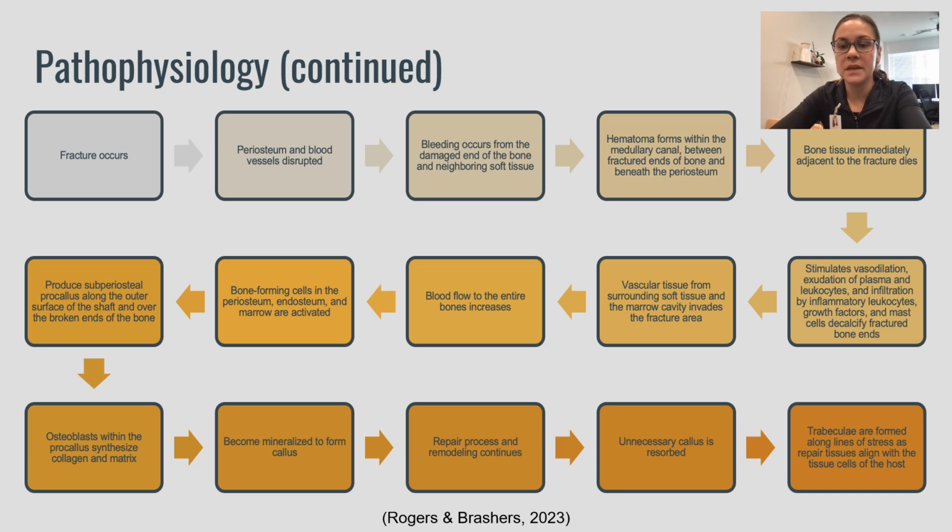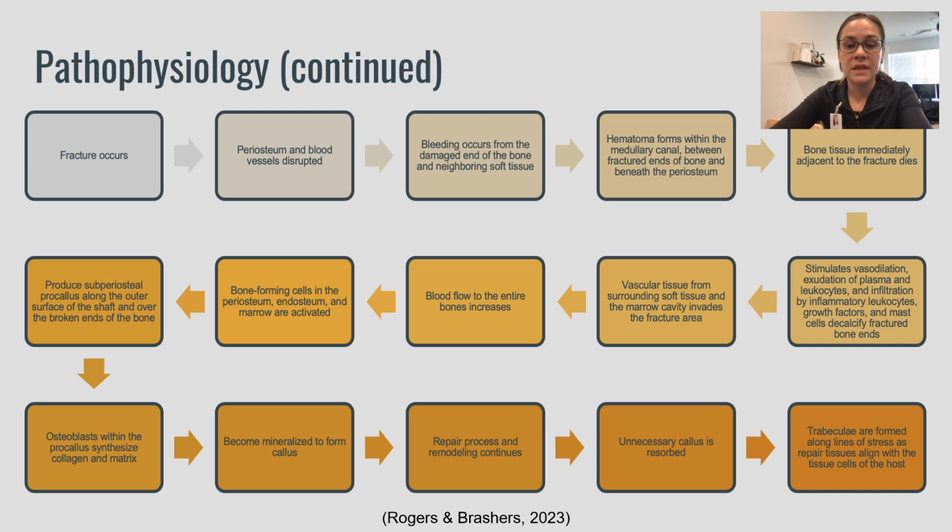Bone tissue immediately adjacent to the fracture dies, which stimulates vasodilation, exudation of plasma and leukocytes, and infiltration by inflammatory leukocytes, growth factors, and mast cells decalcify fractured bone ends. The vascular tissue from surrounding soft tissue and the marrow cavity invades the fracture area.